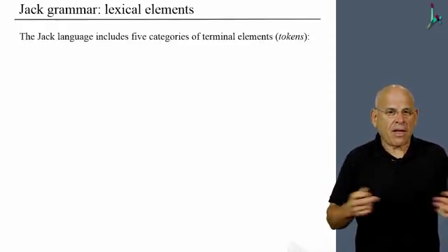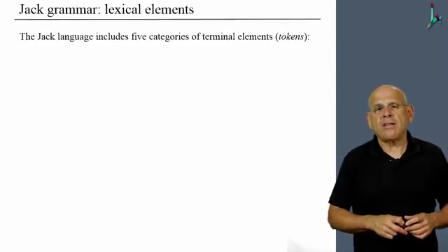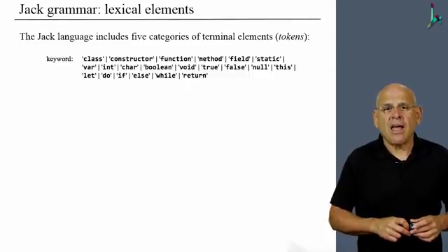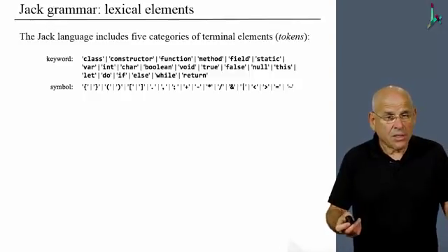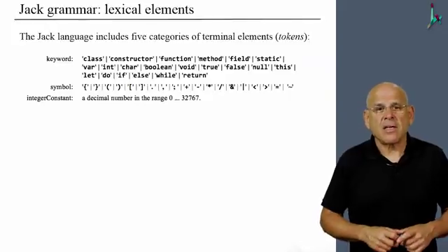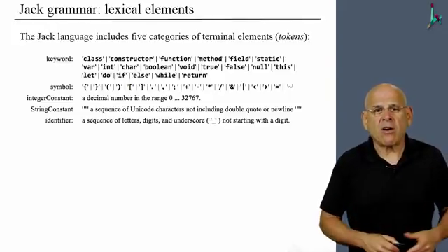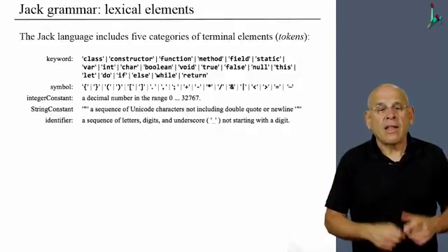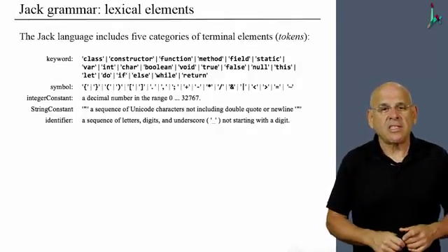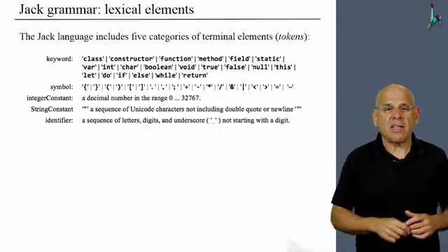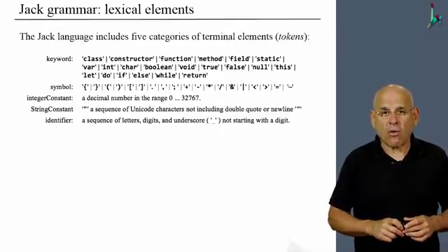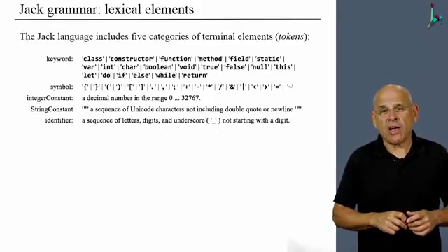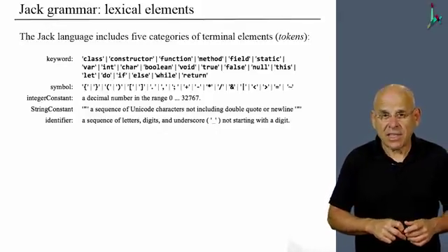And in particular, as we said in the second unit in this module when we talked about tokenizing, we have keywords, symbols, integer constants, string constants, and identifiers. And these terminal rules describe all the lexical elements that can go into Jack programs. These are the atoms or the tokens of which Jack programs consist.